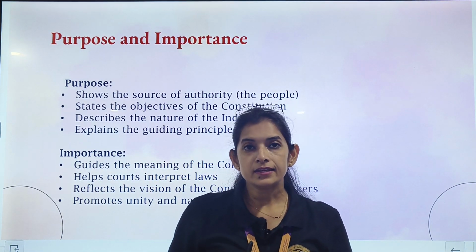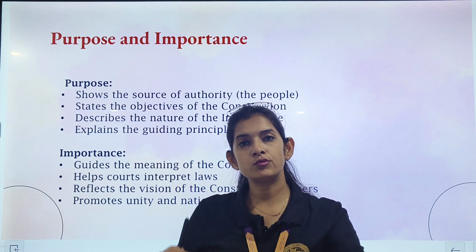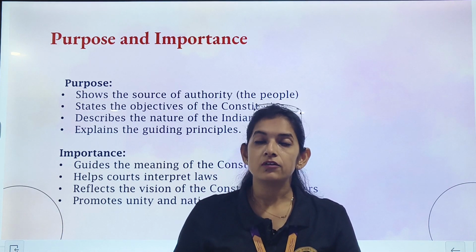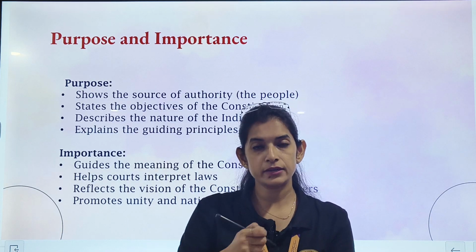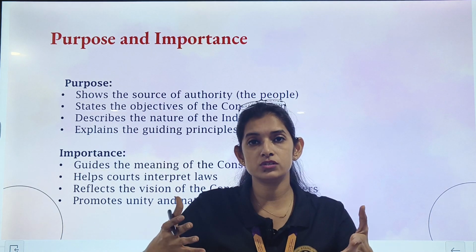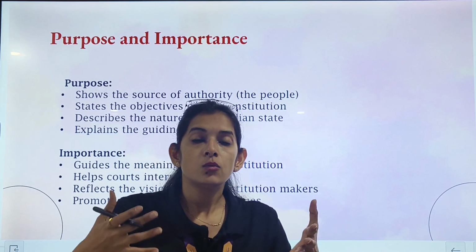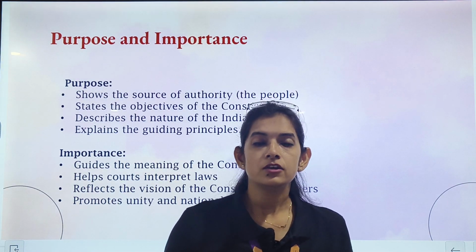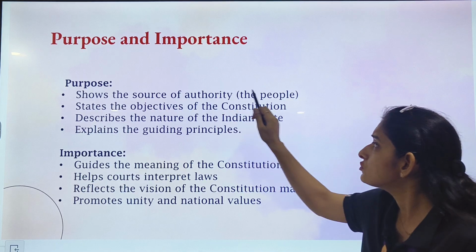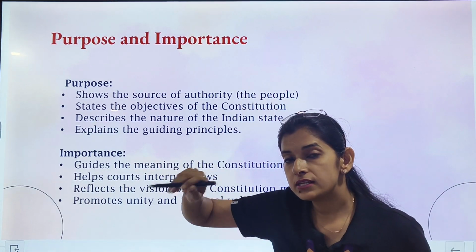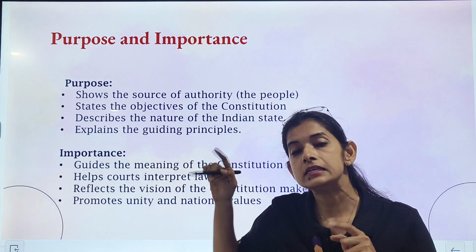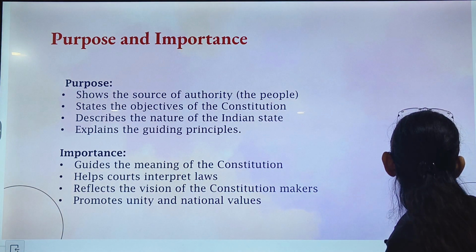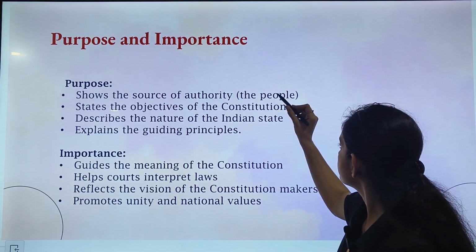So some representatives would be chosen and those representatives would rule the country. But for that also, some rules and regulations should be there about how those representatives would function and what powers they should have. So it shows a source of authority. In a democracy, who has all the authority? The people, right? Therefore, it is written that the people have all the authority.